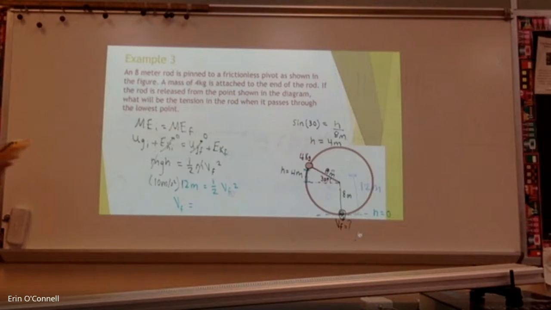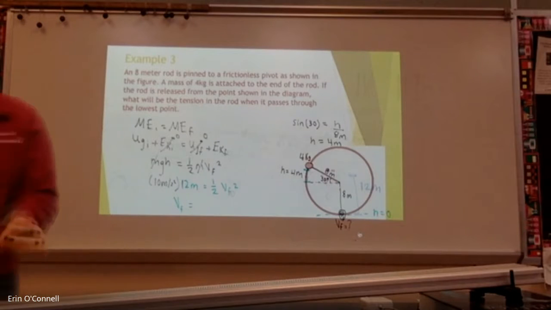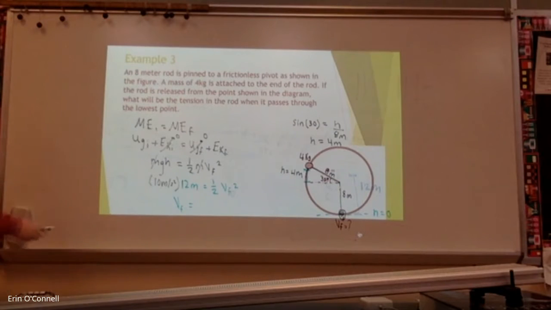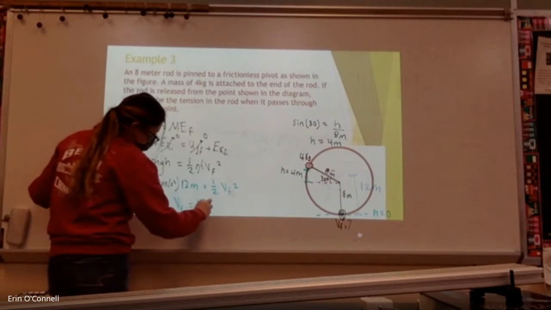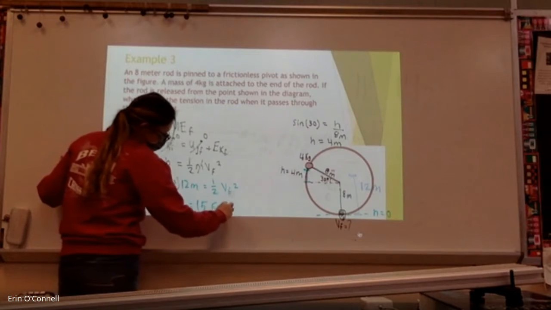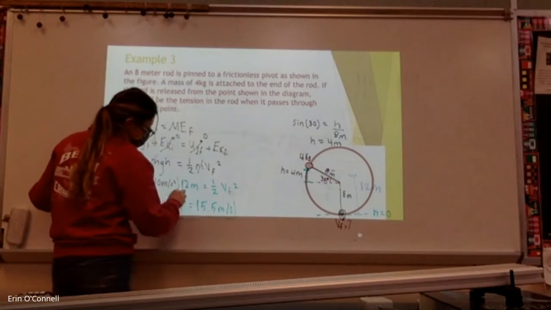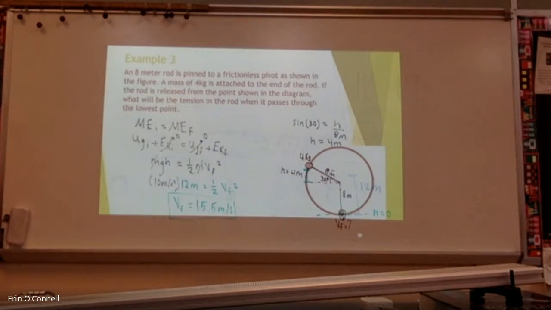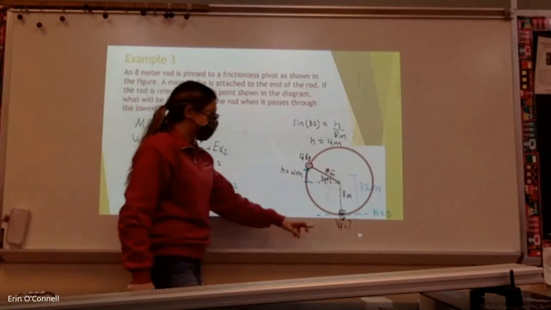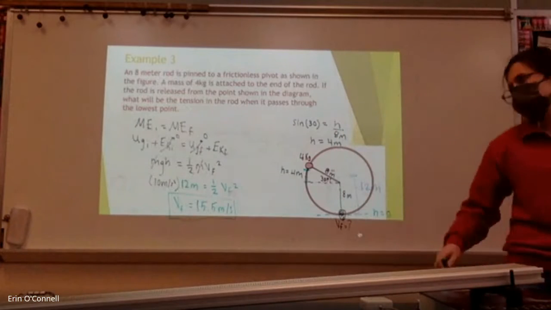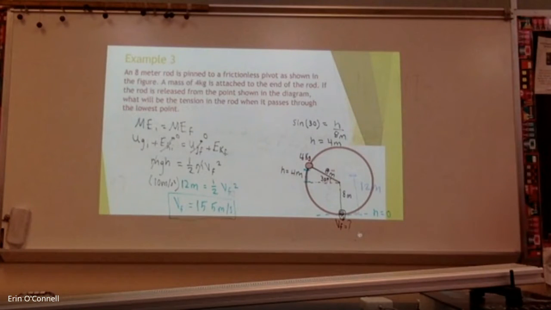The square root of 240, I get 15.49, 15.5 meters per second. So at the end of the path, the object will have a velocity of 15.5 meters per second.